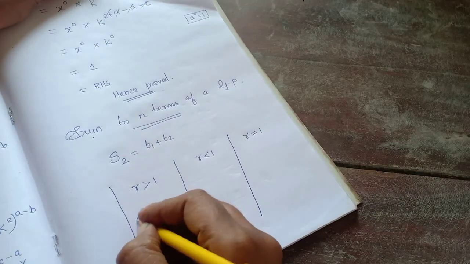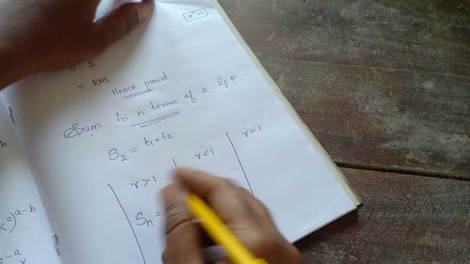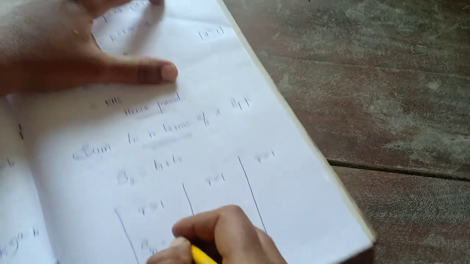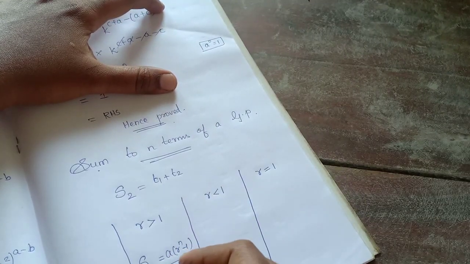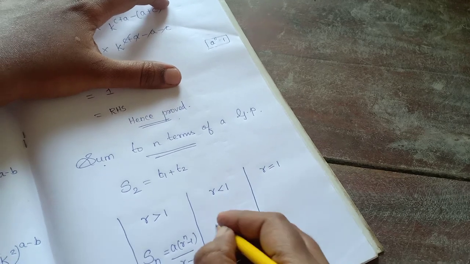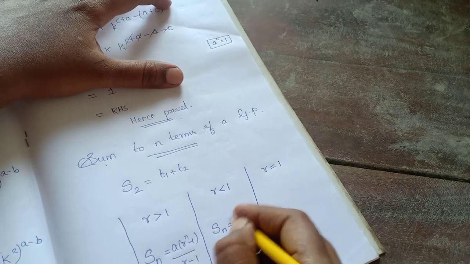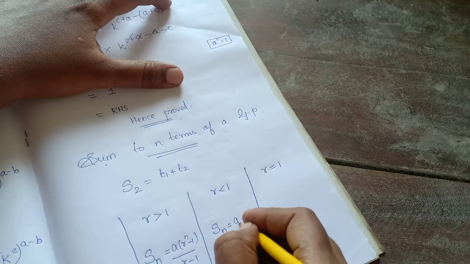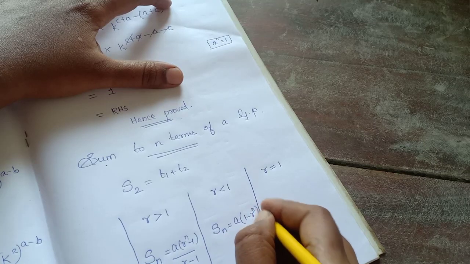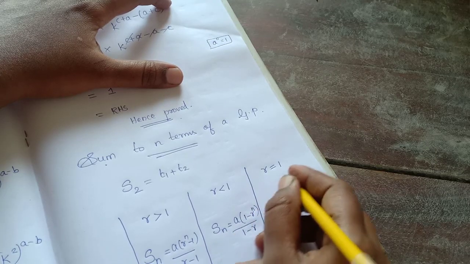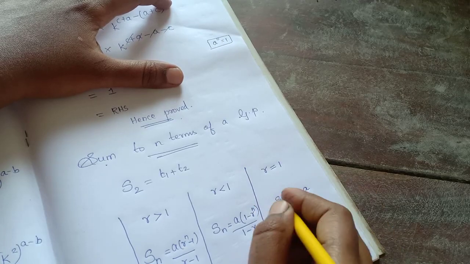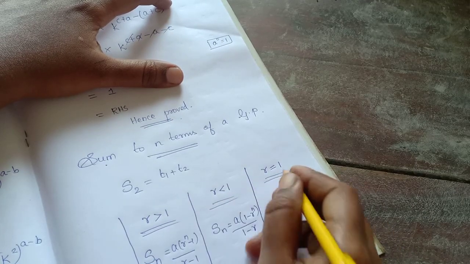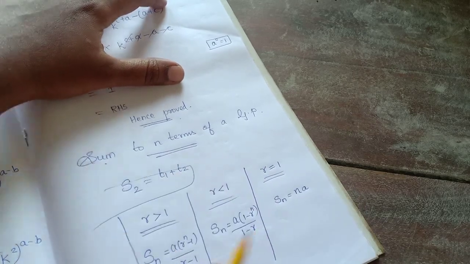Sum to n terms: r is bigger means a into r power n minus 1 by r minus 1. r is less means r will come second term: a into 1 minus r power n by 1 minus r. Then r is equal to 1 means Sn is equal to na. Okay, there are 3 formulas. Please learn this. This is rough work.